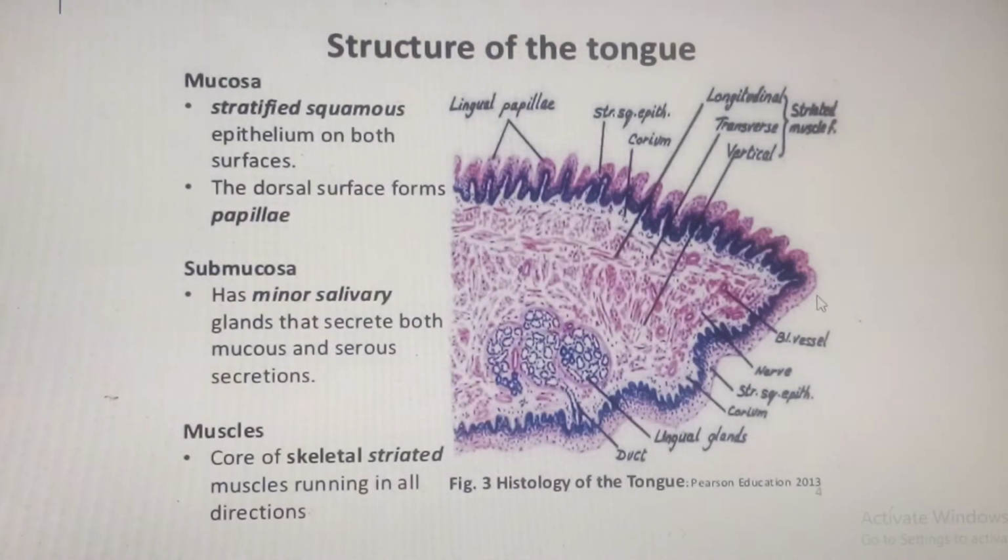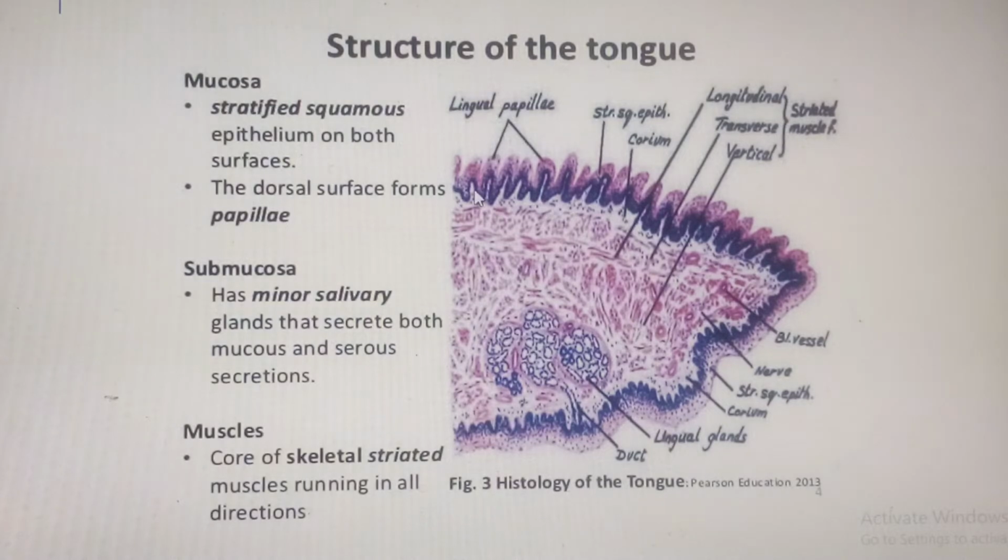So, if you look at the general structure of the tongue, one thing you have to know is that the tongue will have what we call mucosa. Mucosa is made up of two things, an epithelial lining and connective tissue, and that connective tissue is loose connective tissue.